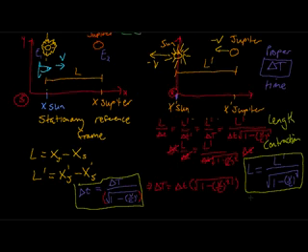Because the lengths are going to be different for different reference frames, one reference frame is going to have a length shorter than the other. So we see that L prime does not equal L. The distance between two objects in reference frame S prime is not the same as the distance between two objects in the reference frame S of the rocket. Which reference frame are we talking about? In reference frame S, the two objects whose distance we are measuring are stationary.